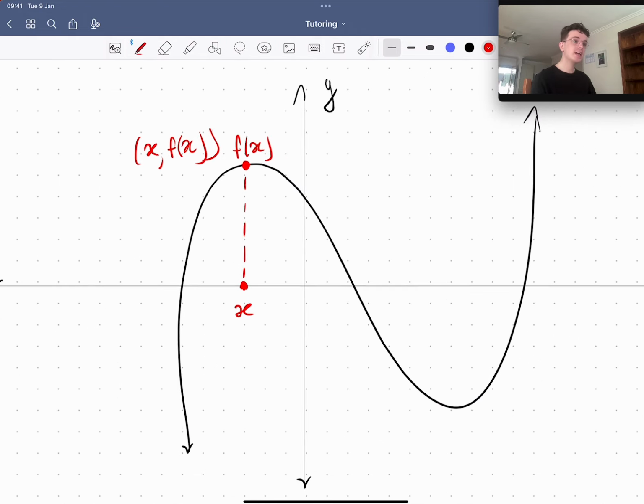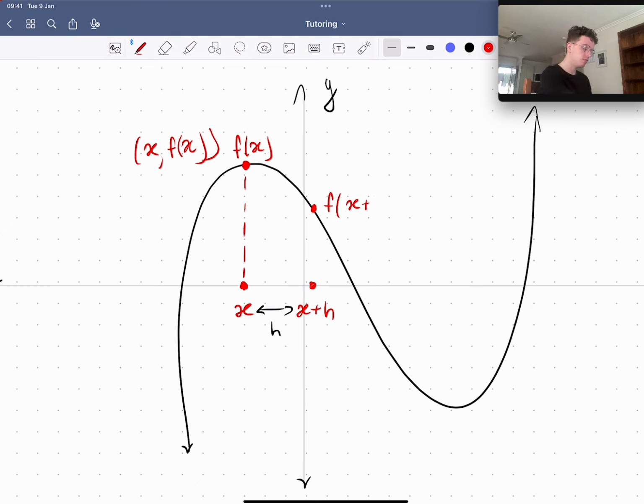And we need to choose a second point. Let's put it over here. And we're going to call this point x plus h. Now that would mean in between these two lines would be a distance of h. We're going to call the corresponding y point up here f of x plus h.